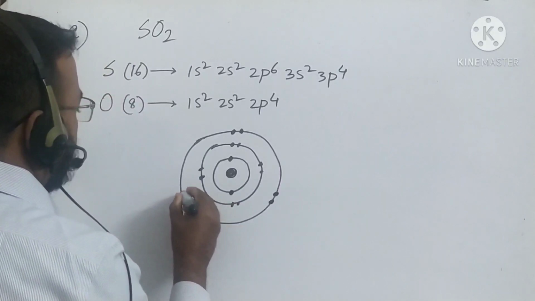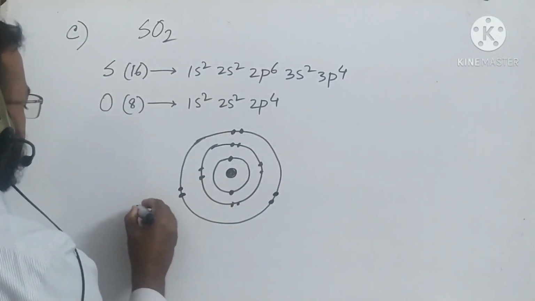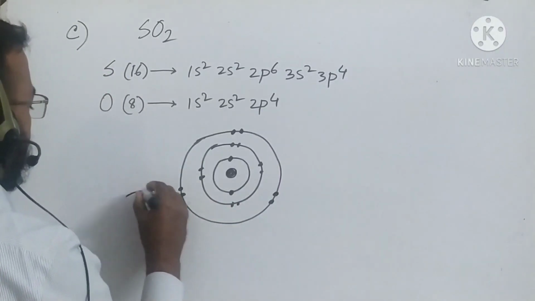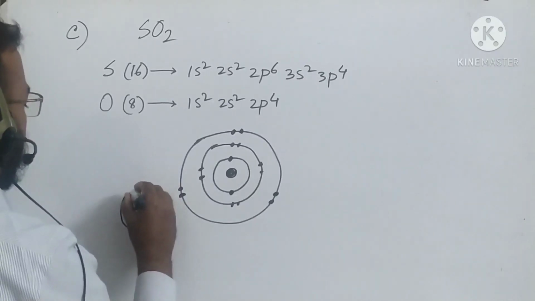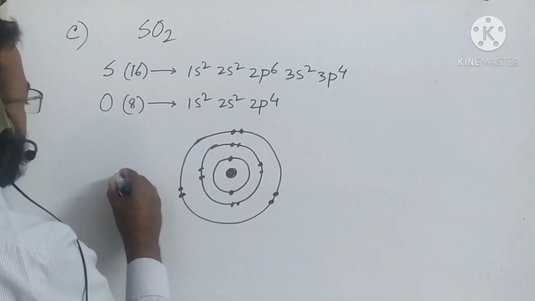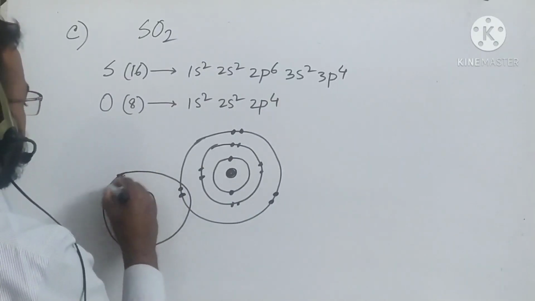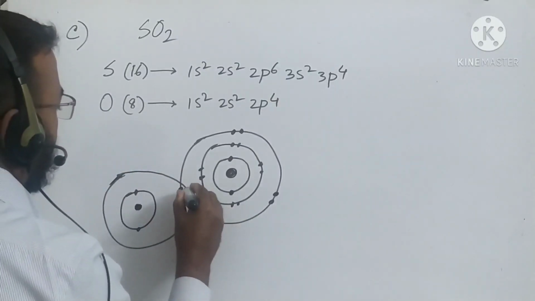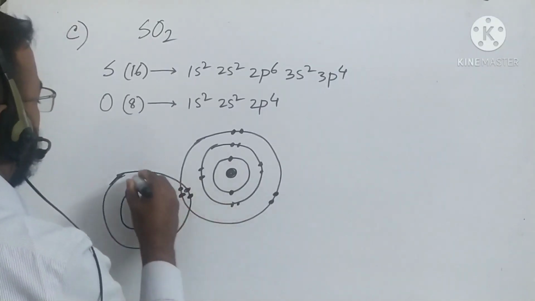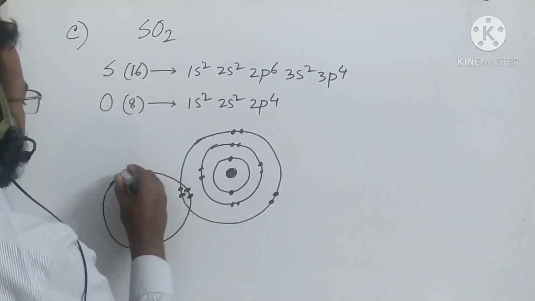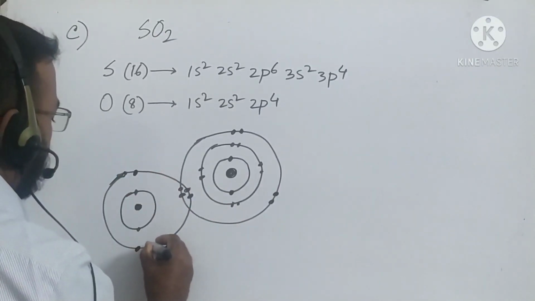Now oxygen: first energy level 2 electrons. Now the second energy level, it will share 2 electrons with sulfur, then 1, 2, 3, 4.